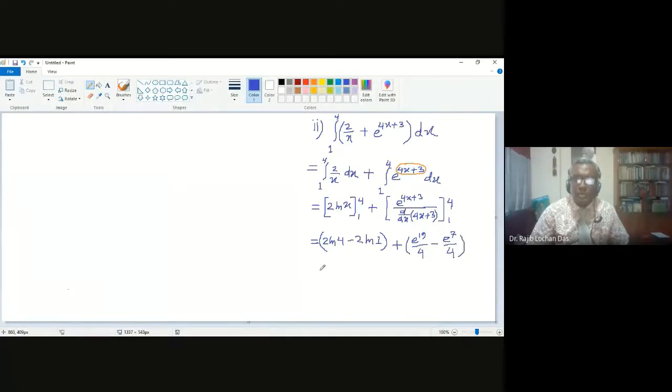Now you use your calculator and find out the answer. The answer will be a very big answer, because there is the power 19. Actually, e value is 2.71. So if it is 2.71 to the power 19, then it will be a big number. Does not matter. You can find it out. So this is another example.